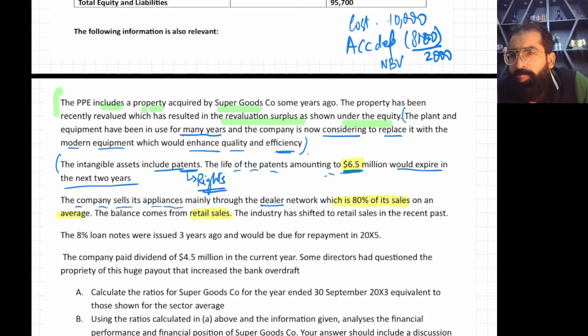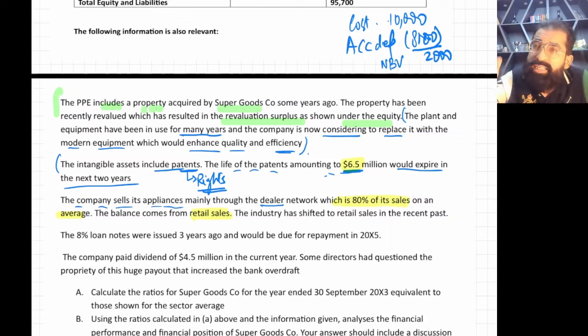When you sell your products through dealers, you have to give a big amount of commission to dealers. So in that case, your profitability reduces. But if you sell directly to the customer through retail sales, you can make more money.